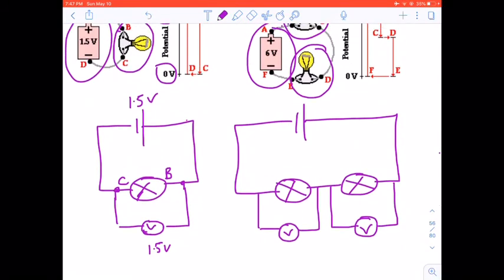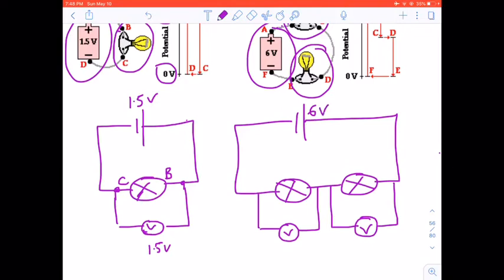So here you got 6.5 volts, I beg your pardon, 6 volts.